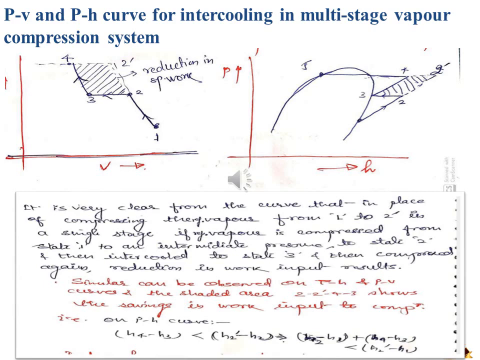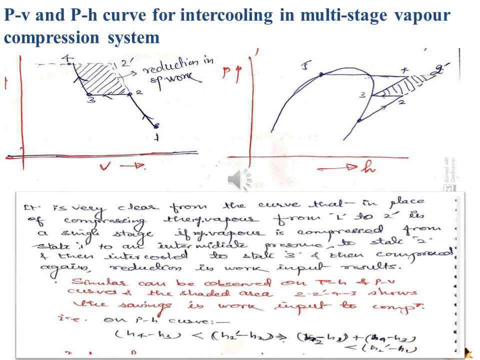The area 2, 2 dash, 4 and 3 clearly shows the reduction in specific work, because, as I already told you, if we are able to reduce the specific volume at the entry to the compressor, we will always observe a reduction in the specific work of the compressor. Here we can see the specific volume at point 4 is very small in comparison to that at point 2 dash. So by doing the intercooling, we have saved that much work for the compressor.